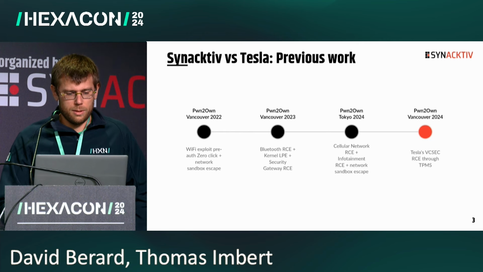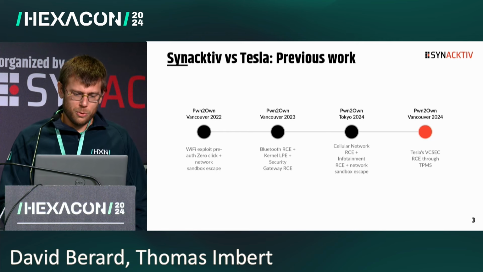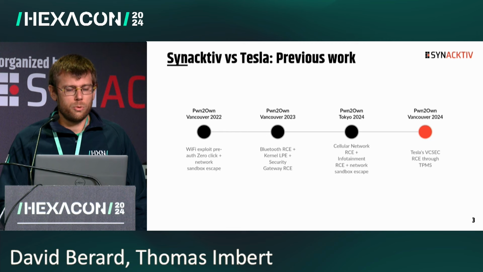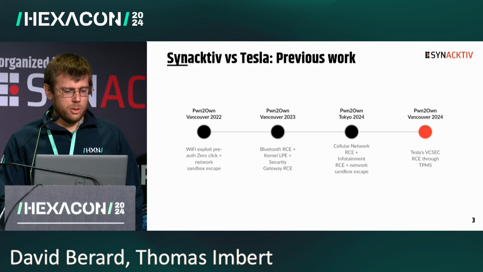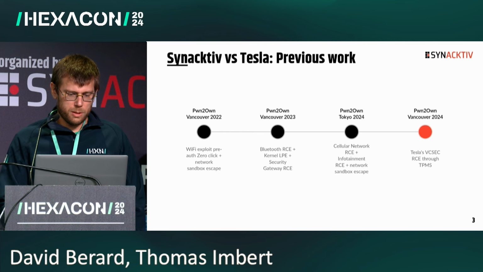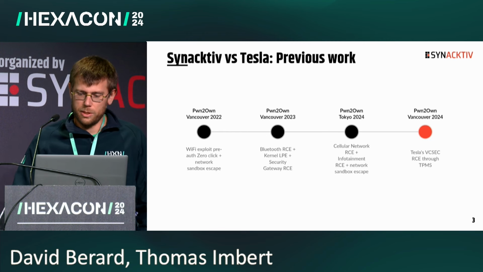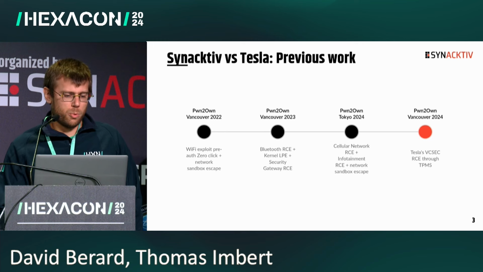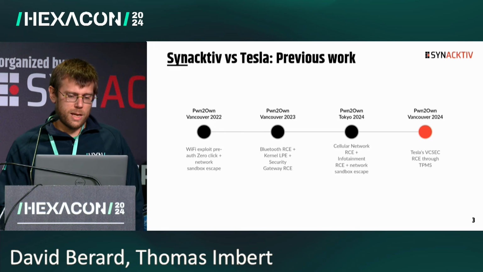We started in 2021 to study the Model 3 by dumping the memory to get the firmware. In 2022, we demonstrated a Wi-Fi pre-auth and zero-click attack chain on the infotainment, and we presented the result at HEXACON 2024.